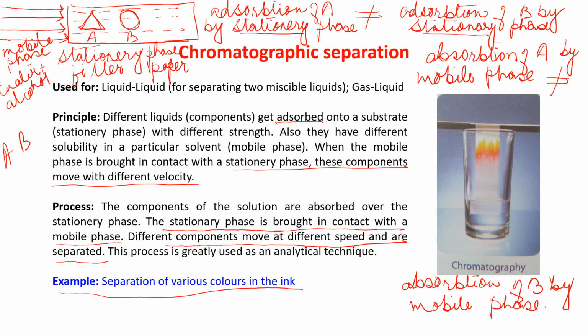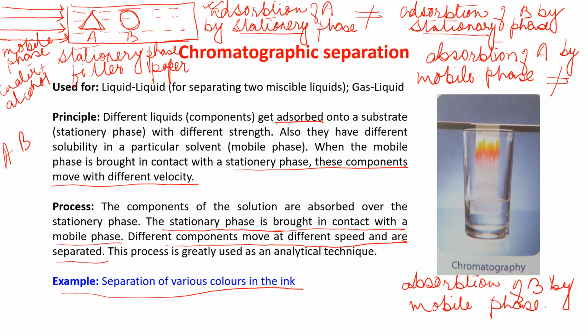Now it is depending upon this factor also, how the bonding of A and B with the filter paper. So the absorption of A by the mobile phase is not equal to the absorption of B by the mobile phase.